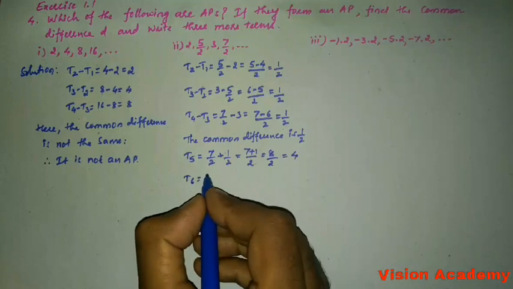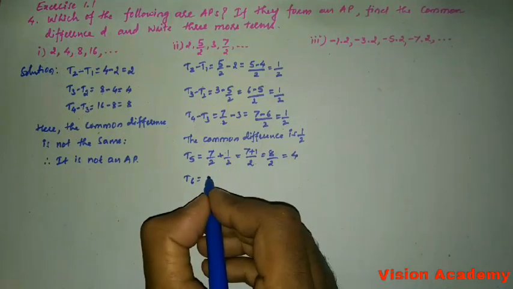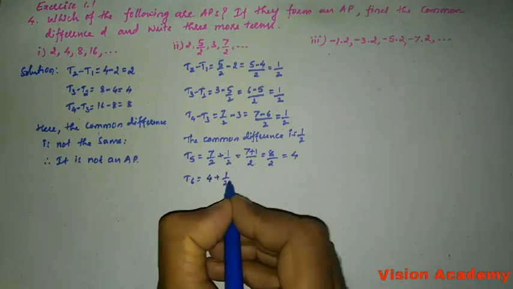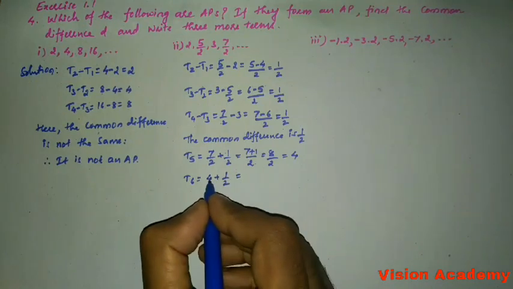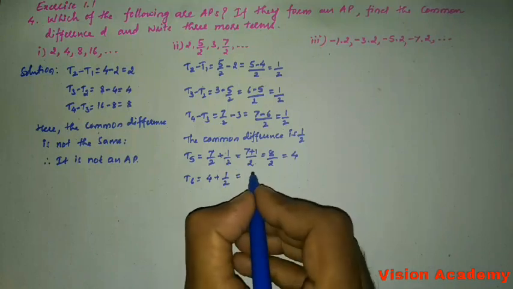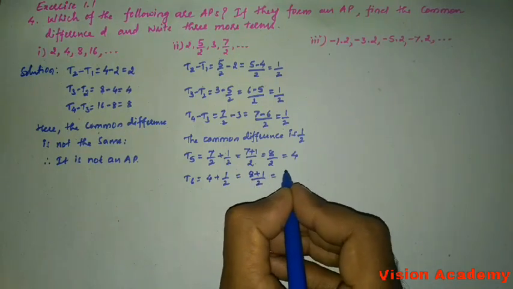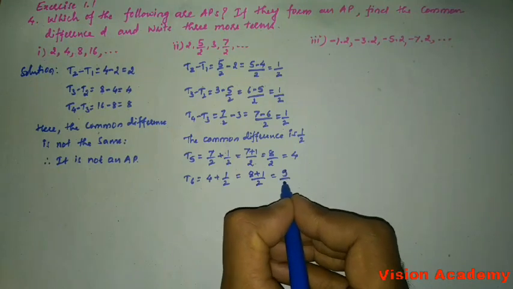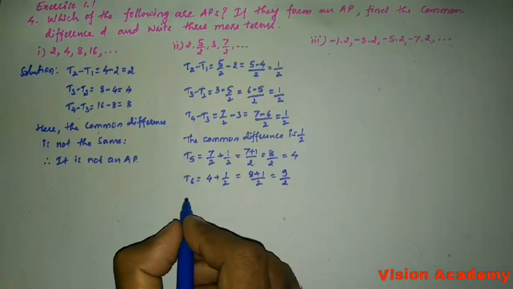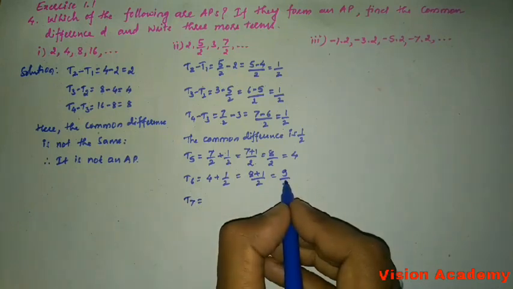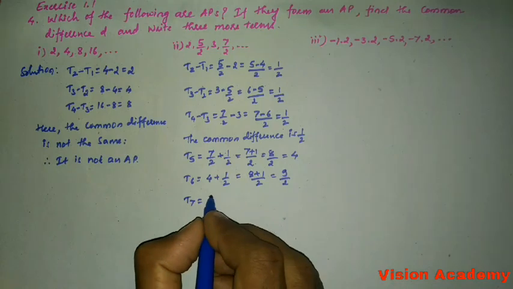Next T6 is equal to, add 1 by 2 to this 4. 4 plus 1 by 2, which gives me 4 2s are 8 plus 1 whole divided by 2, which is equal to 8 plus 1 is 9 divided by 2. Next T7 is equal to, add 1 by 2, the common difference, to 9 by 2.